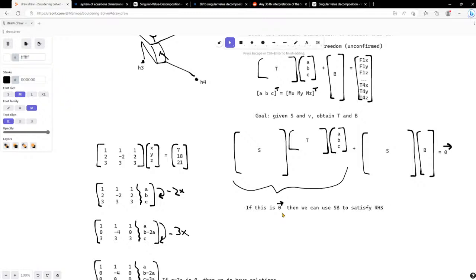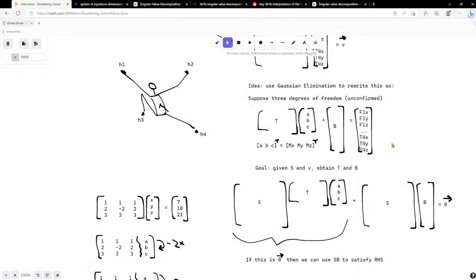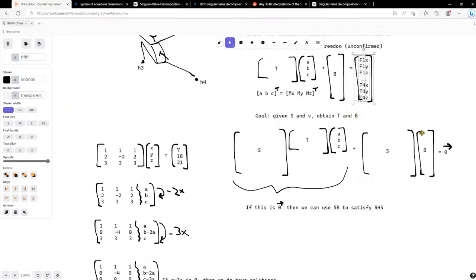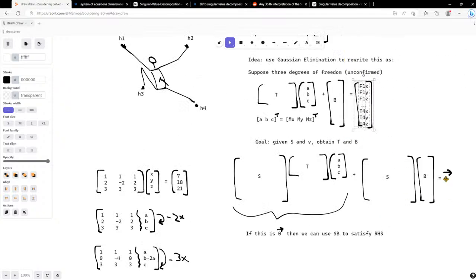But this seems to be defeating the purpose. The whole purpose was that, no. I guess we don't need to have this be the actual forces. I don't care what this expression is. I really just care that my original expression is satisfied.